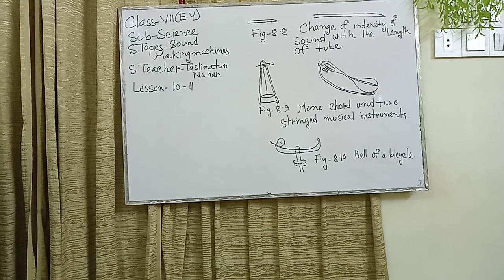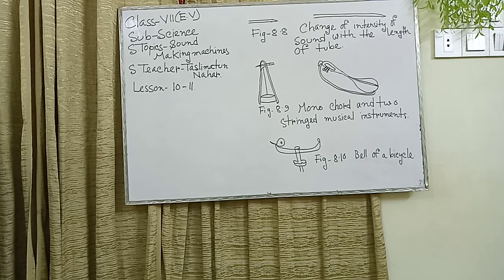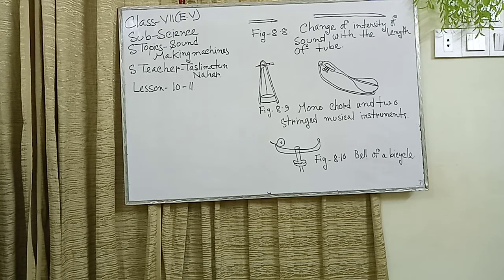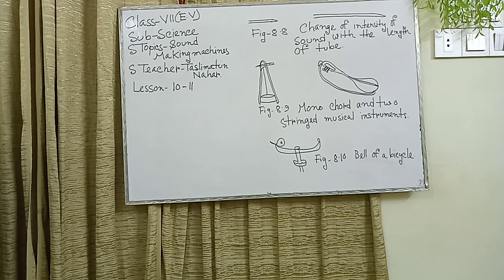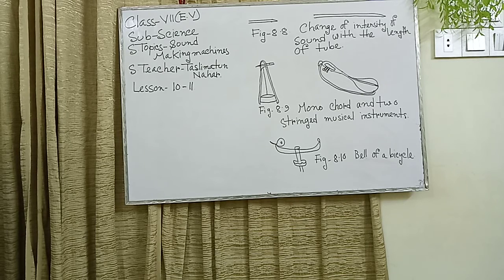Here we also draw a box. The velocity of sound in air is 343 meters per second, only air. Another line is the velocity of sound in water, 1496 meters per second.